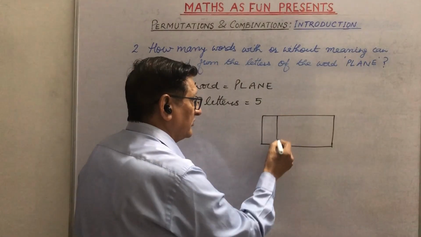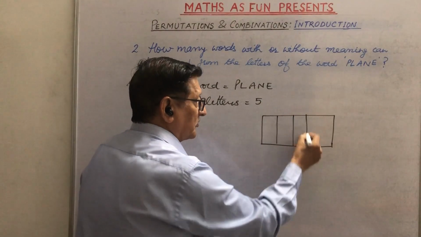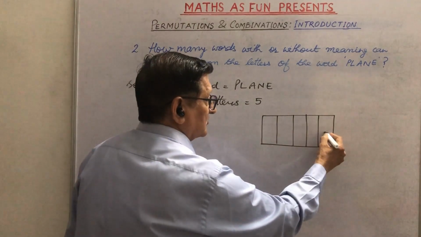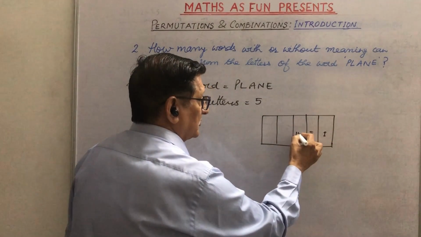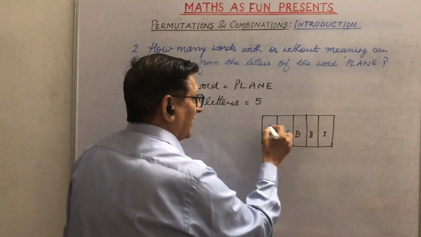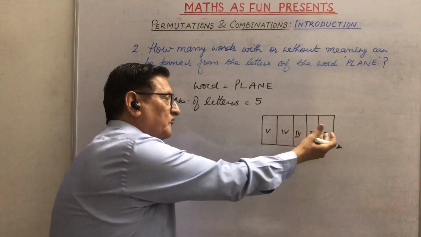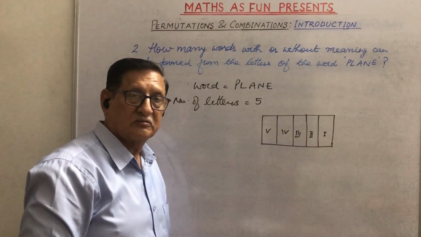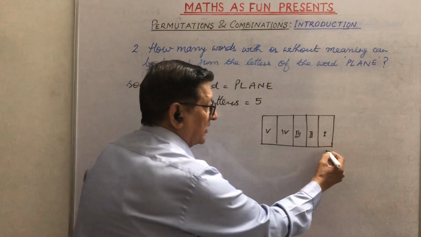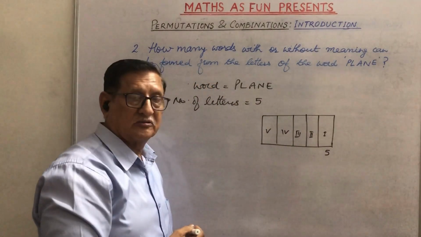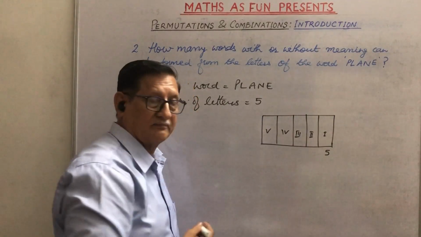Suppose this is 1, 2, 3, 4 and 5. We have the first, second, third, fourth and the 5th place, because 5 letters can be placed in 5 different places. So the first place can be filled with any one of the 5 letters, that is 5 ways.